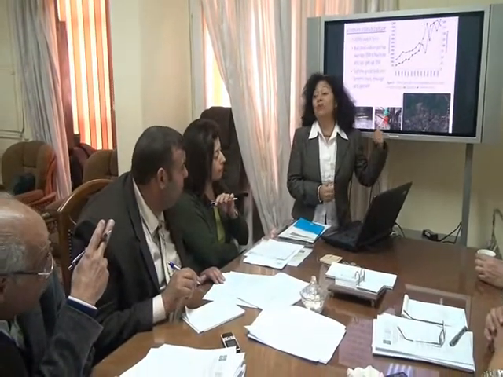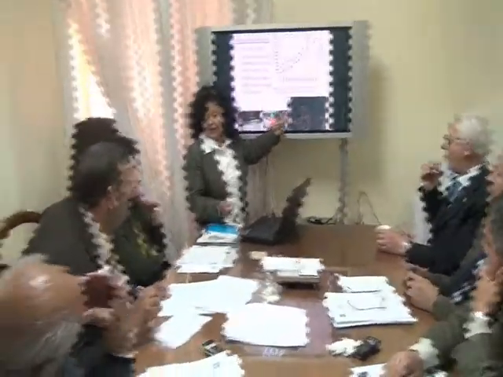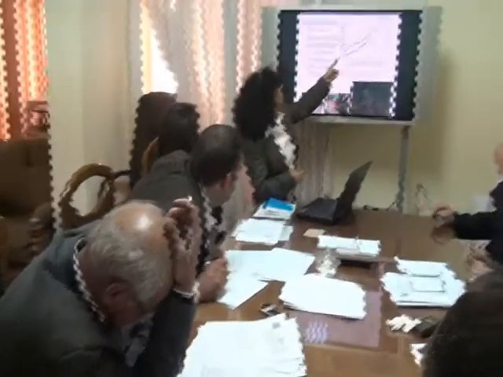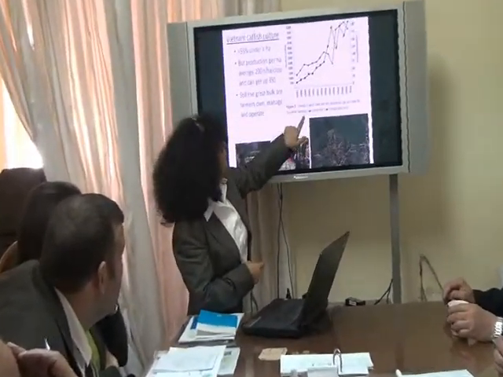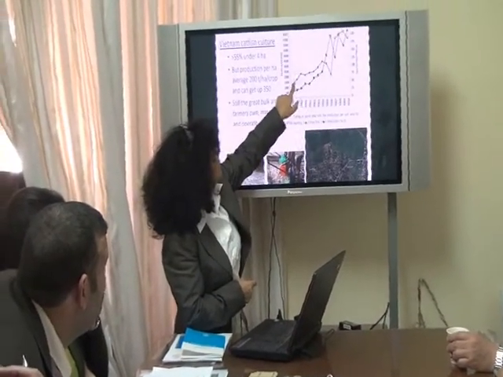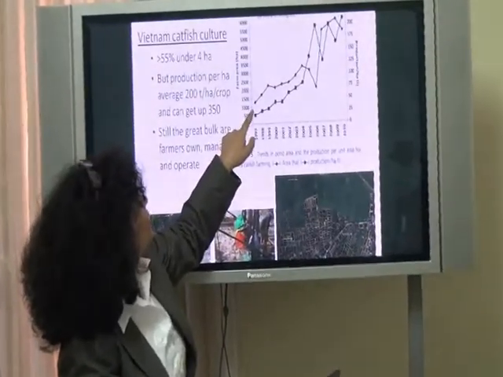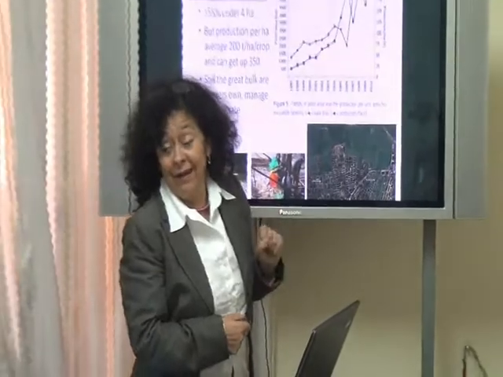It's almost intensive, because you see all these ponds have a very large density of fish, and they are feeding the fish. And so, you can see here the farm area is increasing, but the production per area, the efficiency, is also increasing.